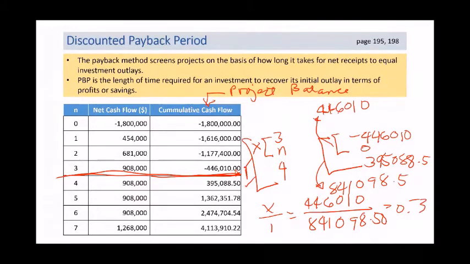So in other words, the x there, the distance between 3 and n, is 0.53 or just 0.5. So if you add that to 3, n is 3.5. So our payback period is 3.5.